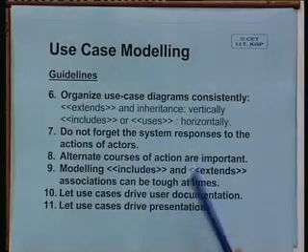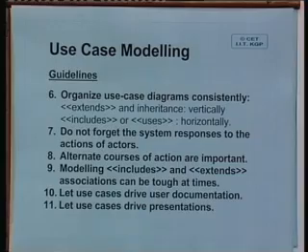Then do not forget the system responses to the actions of actors. Alright. So it is also very important. Whenever an actor does something, suppose a student is registering for a course and enters a registration form, then the feedback that the system gives also must be included.